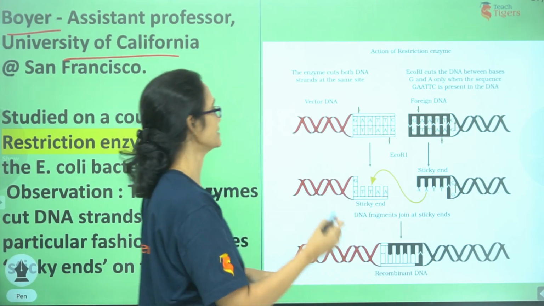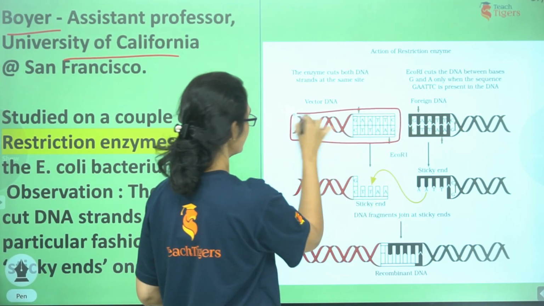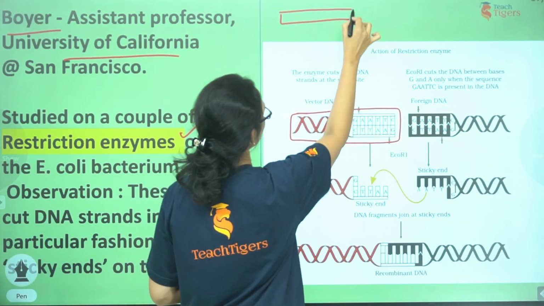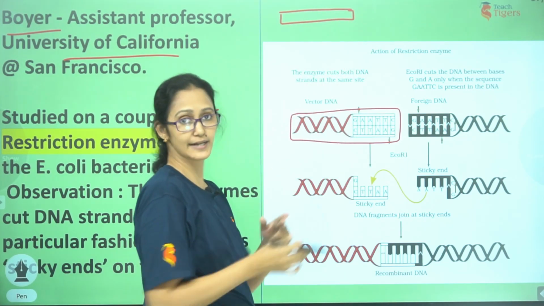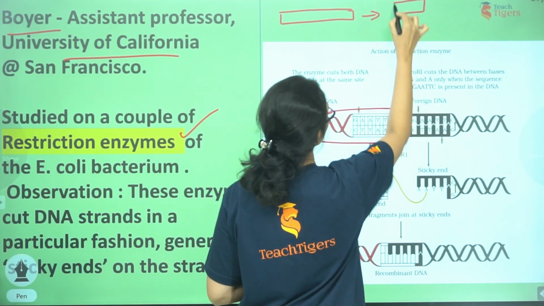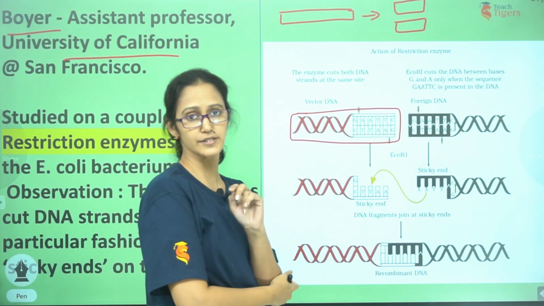As you can see here, if this is the piece of DNA that is cut by the restriction enzyme, so in general, if we take the piece of DNA as a ribbon like this, if we make a cut, what will happen? Two fragments will be generated like this, right? But here, that is not the case.